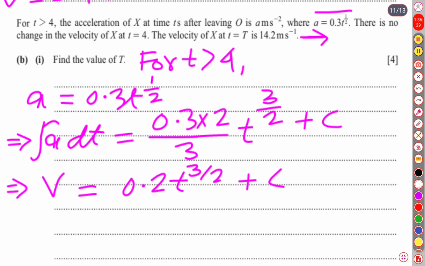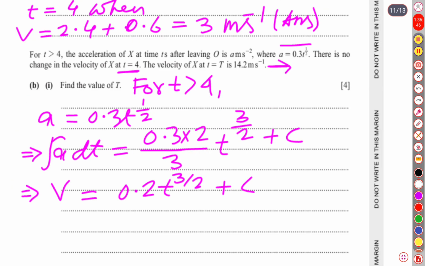Now let's see how much is the value of the constant. They have told us t is equal to 4 when velocity was what? Since there is no change in the velocity when it is passing the 4th second, the velocity is 3 meters per second. So we can write t equal to 4 when velocity is equal to 3 meters per second.